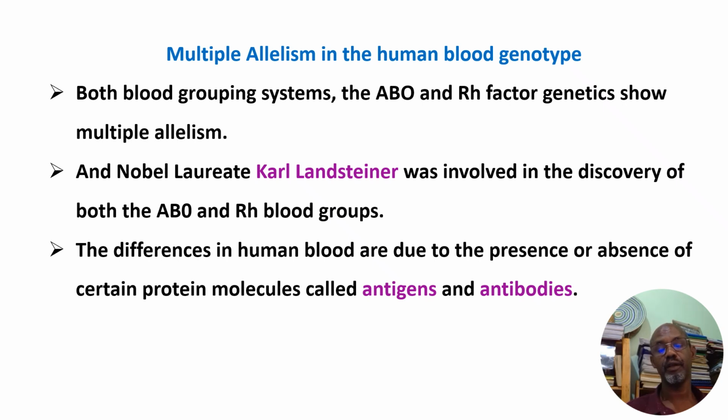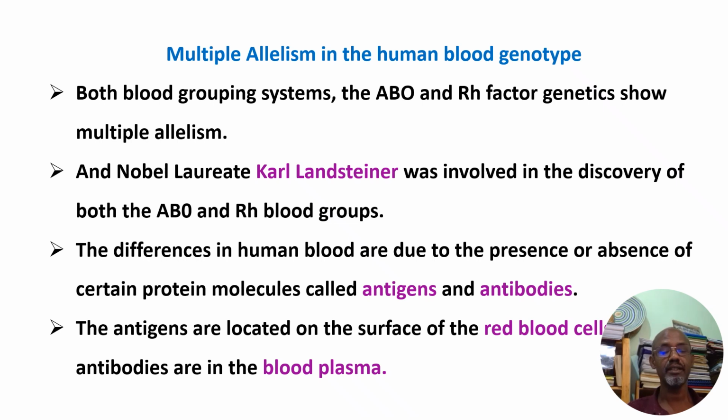If you are given blood type B, the anti-B antibodies will fight there, trying to clump together, attach to the B blood cells, which are not part of your blood system and are considered foreign or unwelcoming agents in your body. The antigens are located on the surface of the red blood cells. Antibodies are in the blood plasma.